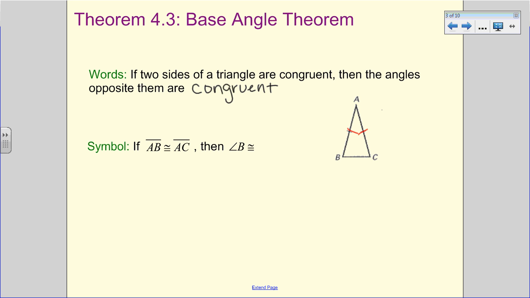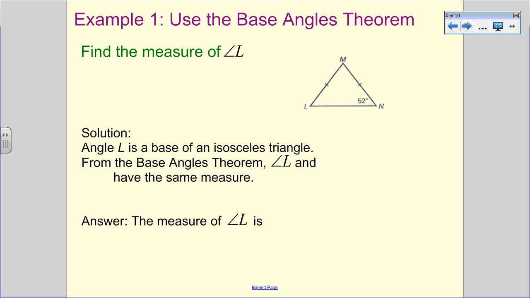So if AB, which is opposite angle C, is congruent to AC, which is opposite angle B, then angle B is congruent to angle C. So if we have two equal sides, opposite angles are congruent. So equal angles and equal sides go together there.